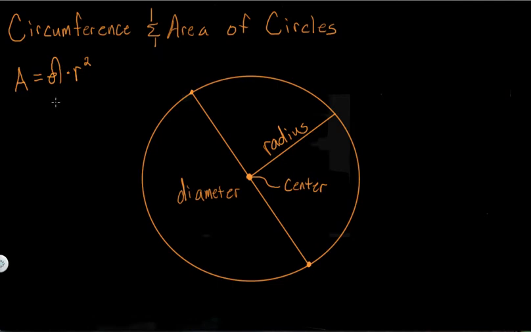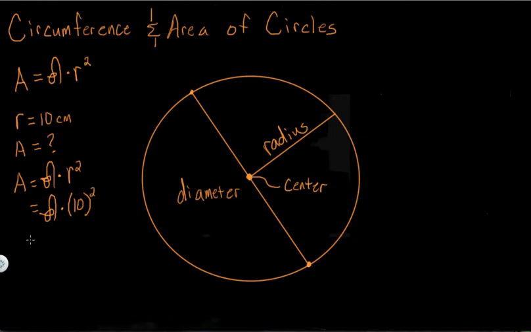So for example, let's say we have a circle that has a radius of 10 centimeters. And we want to know what is the area of that circle. Well, we use our formula. Area is equal to y times the radius squared. So that's going to be our constant times 10 centimeters squared. 10 squared gives us 100.